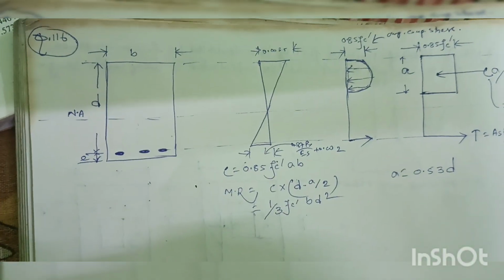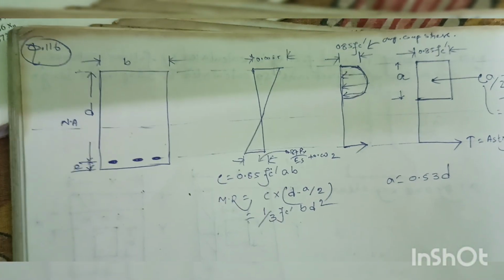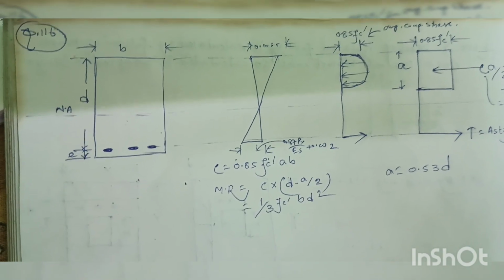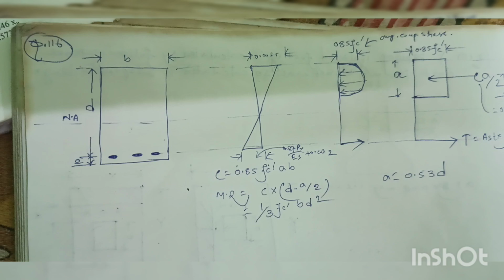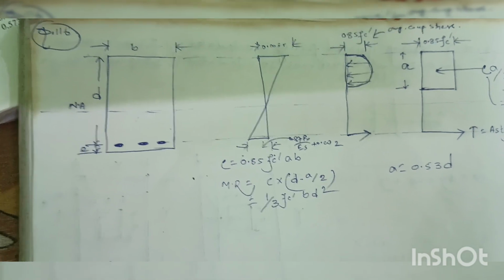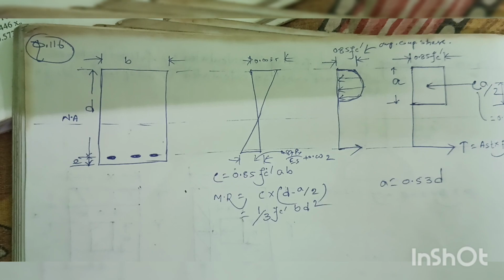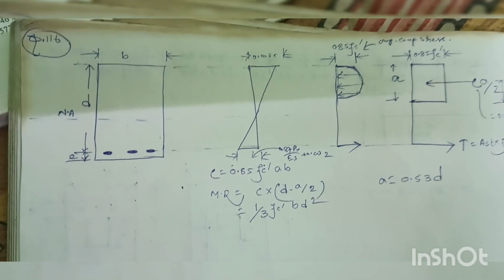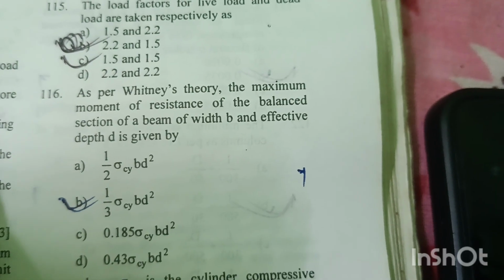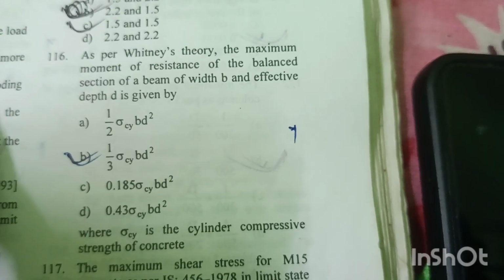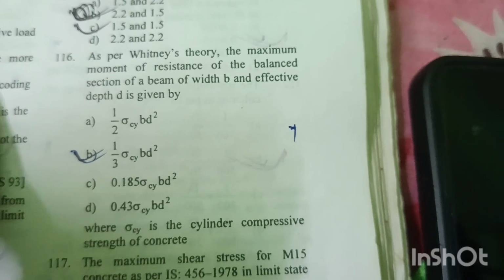So the moment of resistance will be equal to C into (d minus a by 2), and a is the depth of stress block, 0.53 d. So by calculation we will get moment of resistance equal to 1/3 fc dash b d square, 1/3 sigma cy into b d square. Option B is the right answer, where sigma cy is the cylinder compressive strength of the concrete.